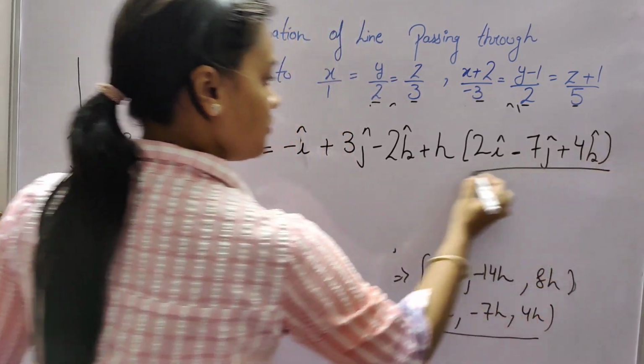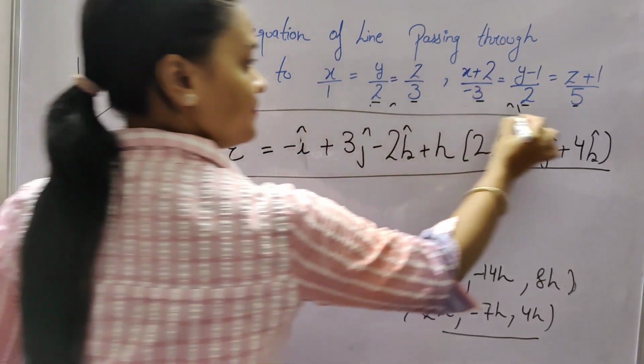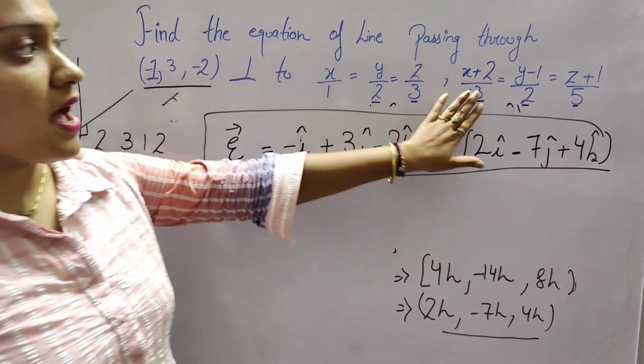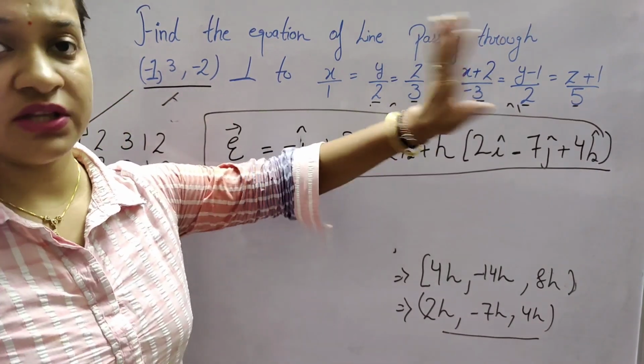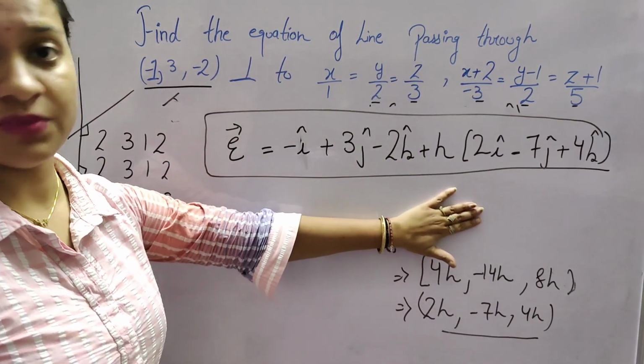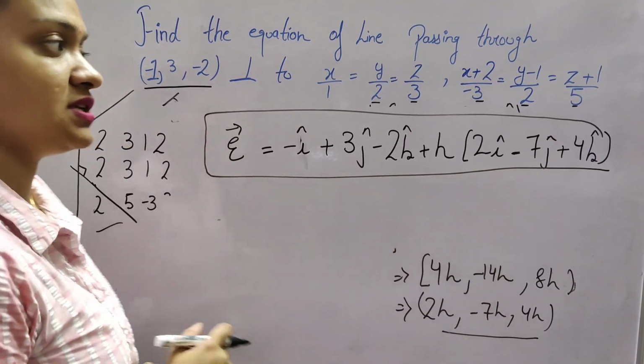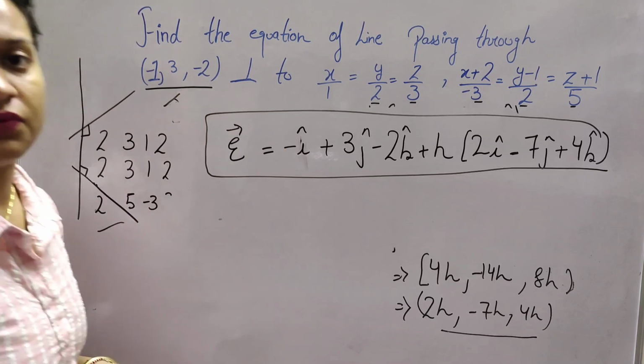So this is your required equation of the line passing through the point minus 1, 3 and 2. Solving by cross multiplication you get the direction ratios, and putting them in the equation you get the answer to the question.